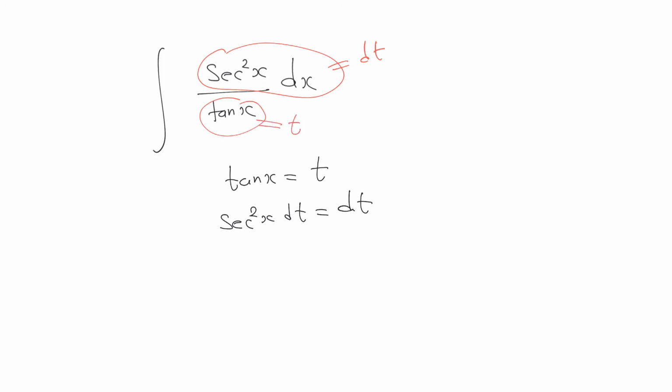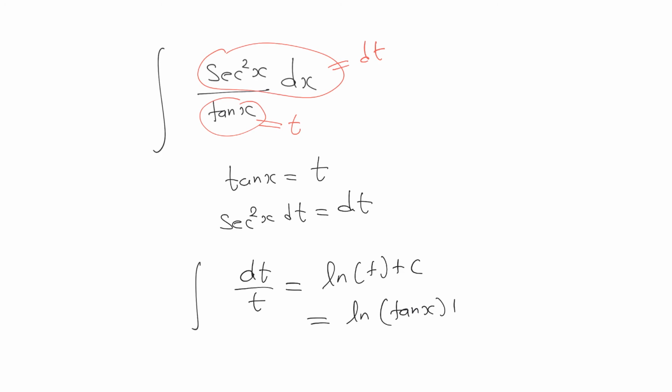So our equation becomes integration of 1 by t dt. And we know that integration of 1 by t dt is ln of t. So we can write it as ln of t plus constant of integration c, or ln of tan x plus constant of integration c, since t is tan x. So this will be our final result.